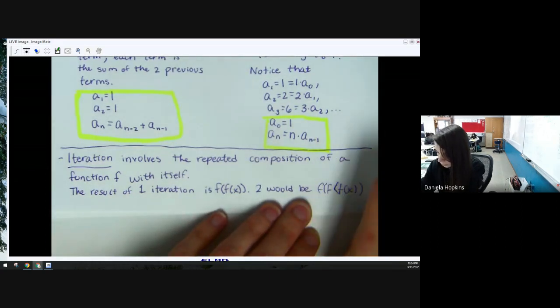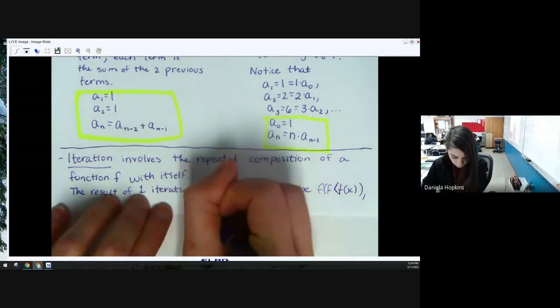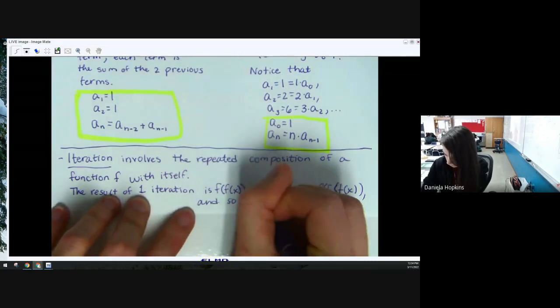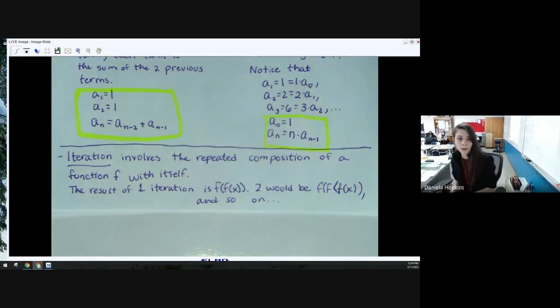Do I have enough parentheses there? Yeah, and so on.